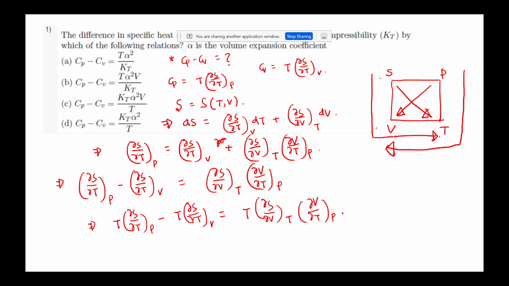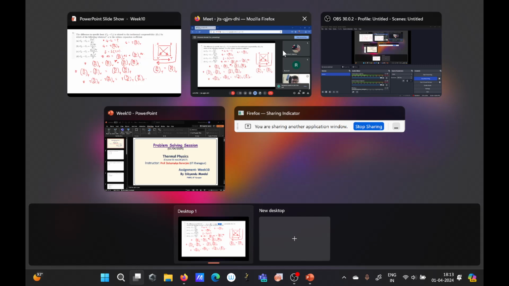Since they are in the same direction, meaning downward direction, that will be positive. So del S del V T will be del P del T V.